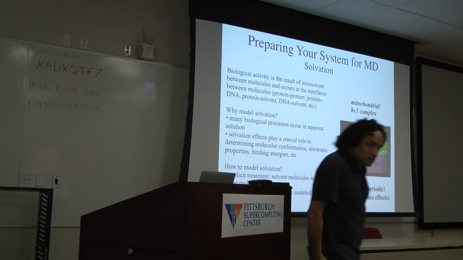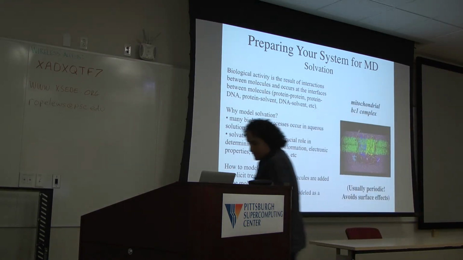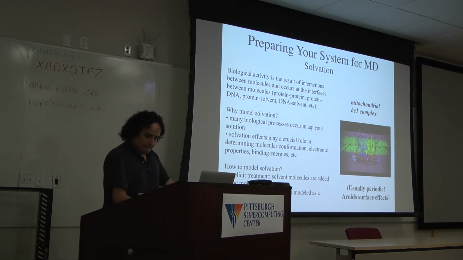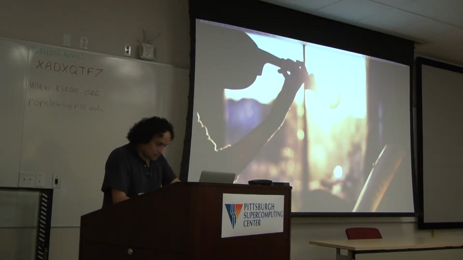One question. Can you explain about the periodic boundary conditions? Let me see if I have. If I'm going to talk about it later, maybe I can jump right now.